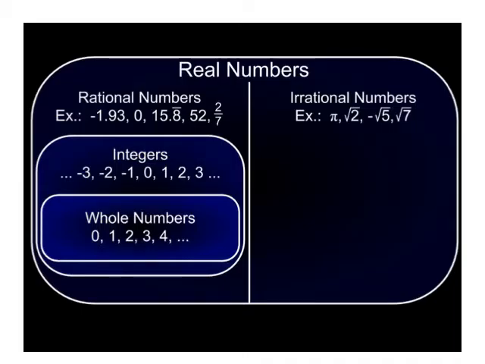Now, looking at this picture, can you have an integer that is irrational? Can you have an irrational integer? Well, an integer means it has no decimals, right? So, can you have an irrational number that has no decimals? Well, if you're not sure, think back to our definition of an irrational number.